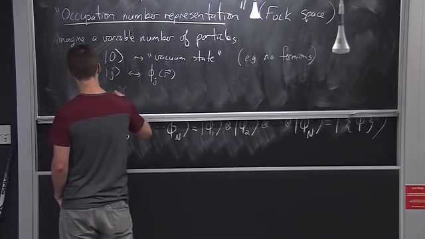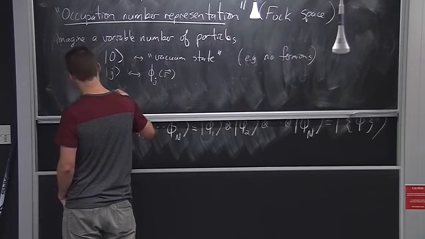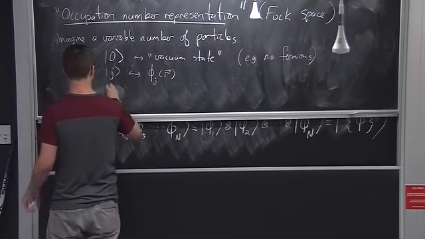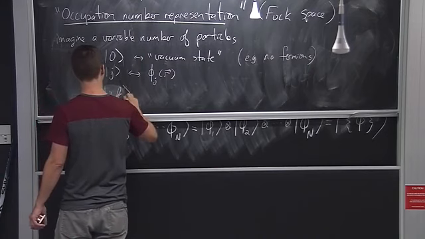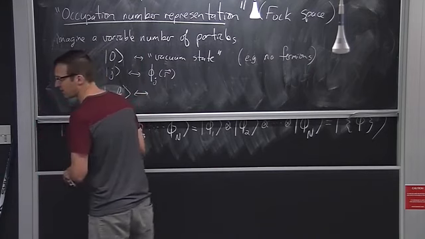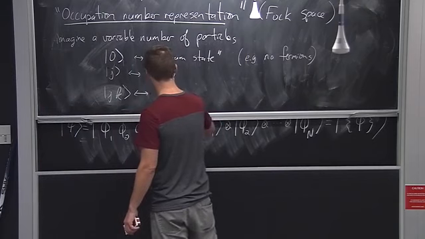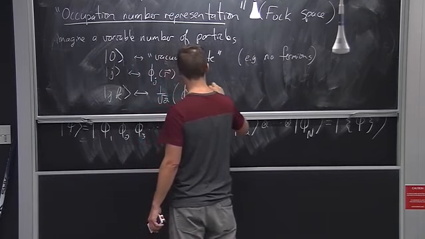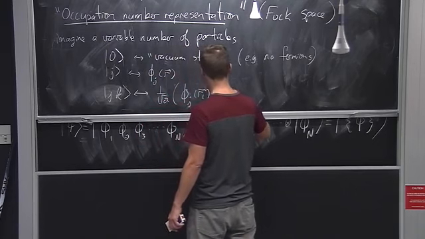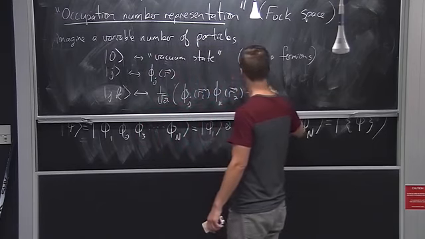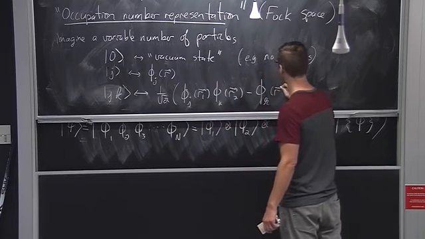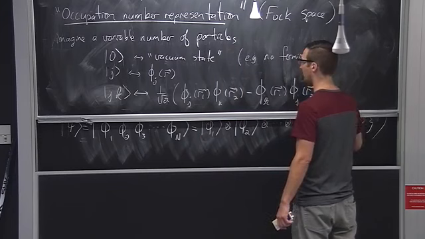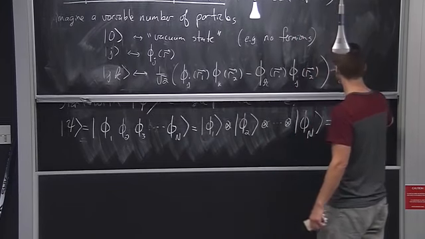And I can have a state label for both J and K for the antisymmetric wave function that I wrote down there. So this is the one that I wrote down there, 1 over root 2. And so on.